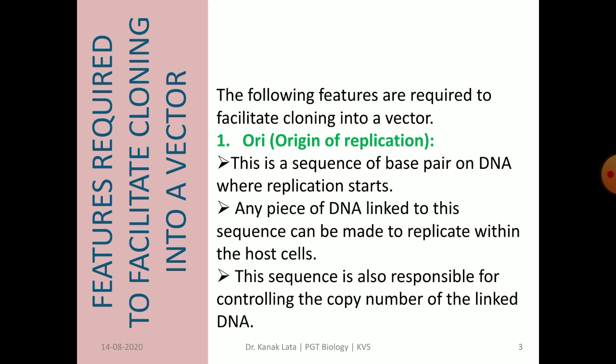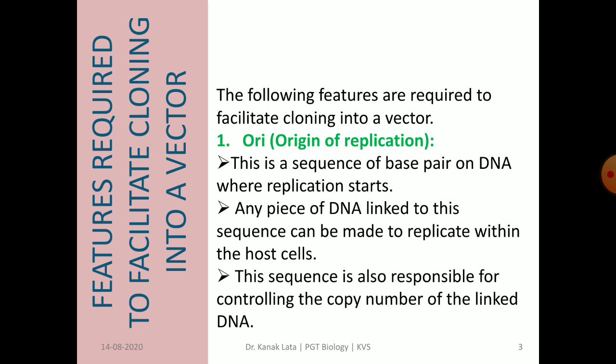Let us see features required to facilitate cloning into a vector. First feature is that a cloning vector should have an origin of replication, that is ORI. In a plasmid, there is a sequence of bases where replication starts, so this part is called the origin of replication.